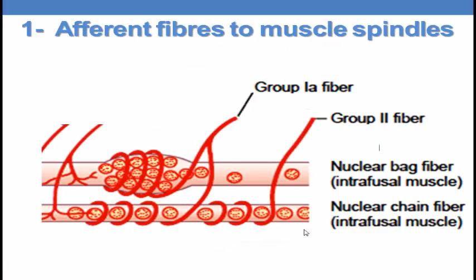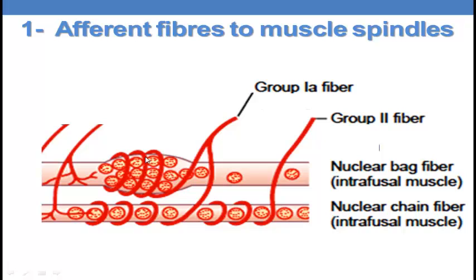We will start by talking about afferent fibers to muscle spindles. Afferent fibers transmit sensory information from the muscle spindle to the CNS. If the muscle spindle is stretched, as we said, the central area is not contractile. It is the central receptor area. It detects stretch of the muscle, and whenever there is a stretch, the spindle informs the spinal cord or the CNS about this stretch.